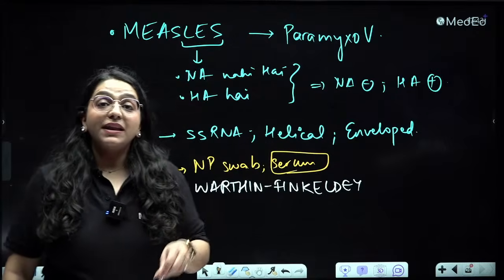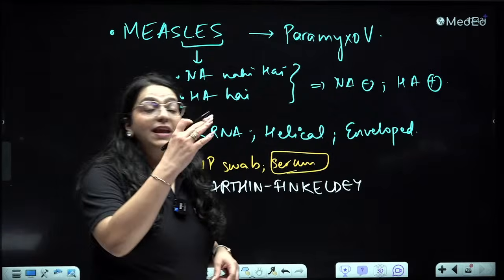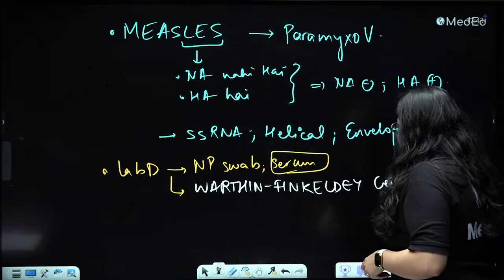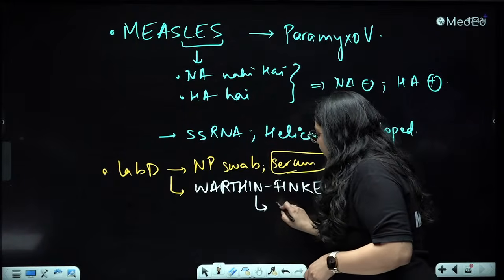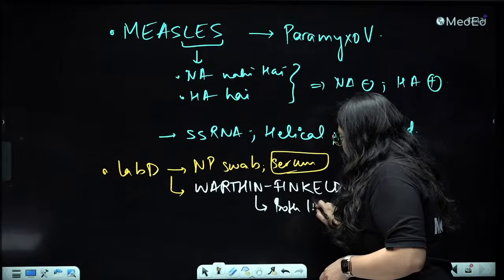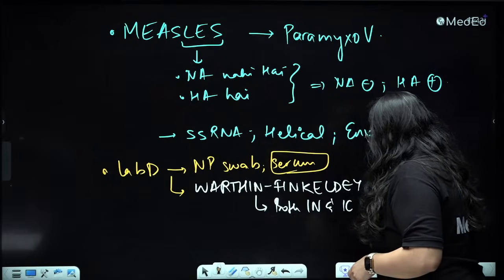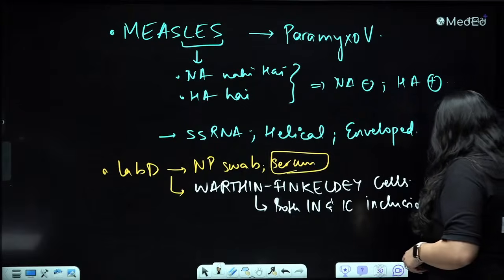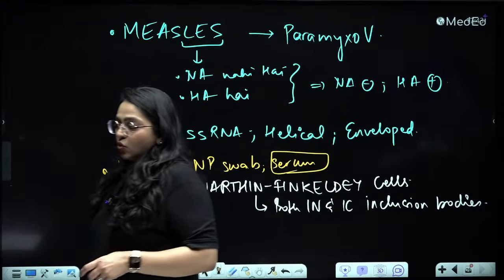Remember the viral inclusion bodies, CMV and measles, CM. So Warthin-Finkeldey cells, CM. It is both intranuclear and intracytoplasmic inclusion bodies. Correct?